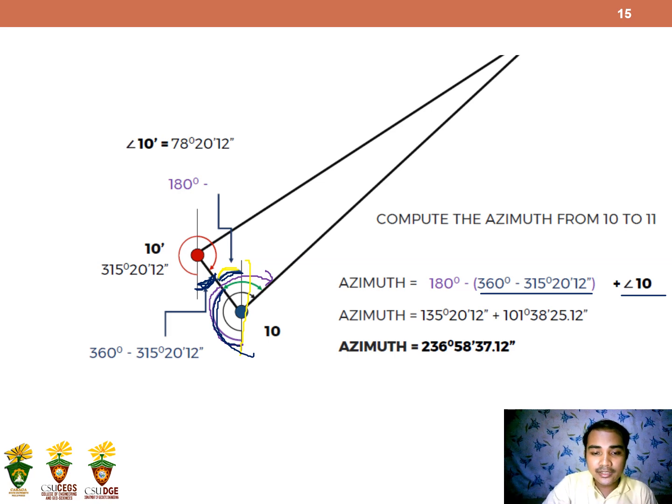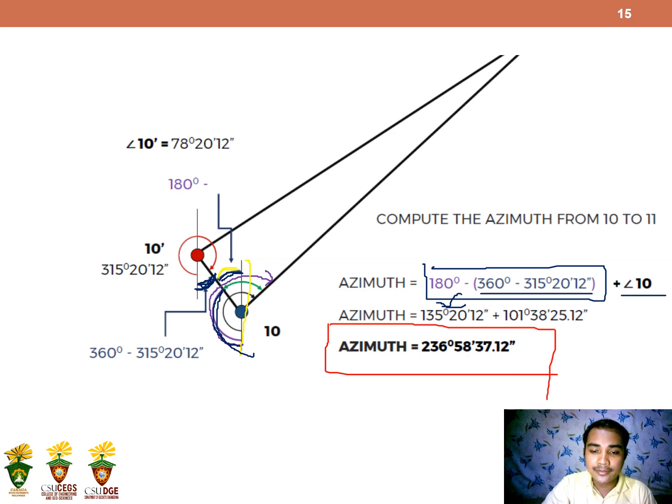So substituting the values, we have 135 degrees 20 minutes 12 seconds for the difference. Then we add angle 10, which is 101 degrees 38 minutes 25.12 seconds. So we now have the azimuth to be 236 degrees 58 minutes 37.12 seconds. That is the final answer.